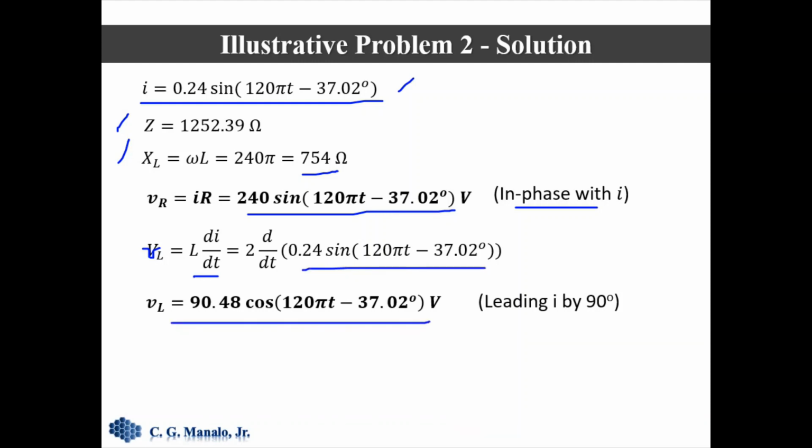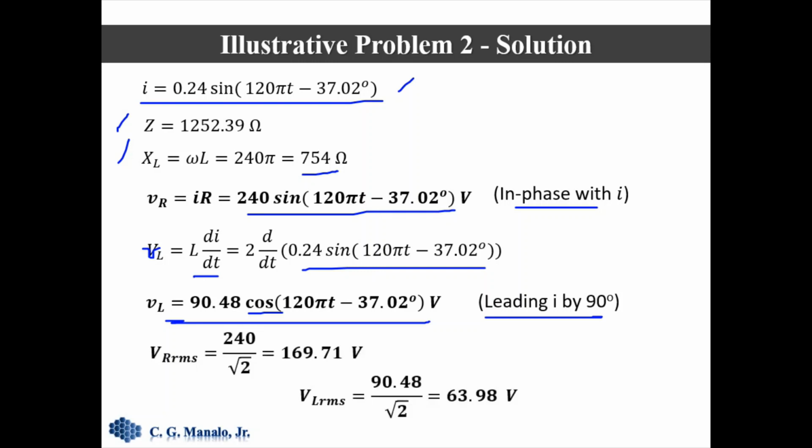If you notice, if we plot this one, that will give us a result that will lead I by 90 degrees because of the presence of the cosine function. Remember, if we convert this into sine, this will become 120 pi t minus 37 plus 90 degrees there. And that clearly gives us an indication that this one is leading I by 90 degrees.